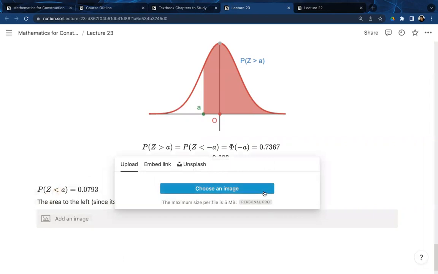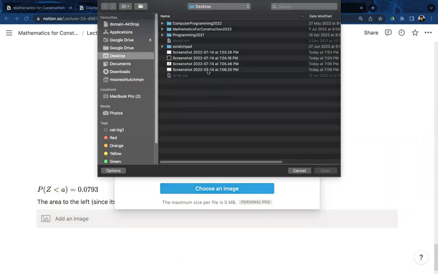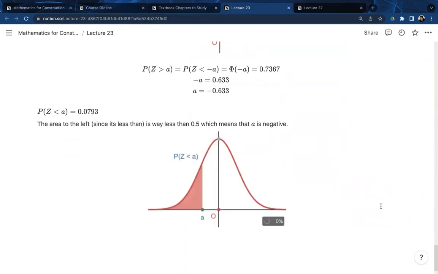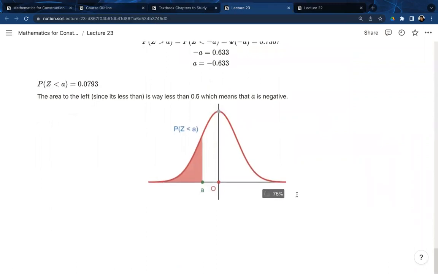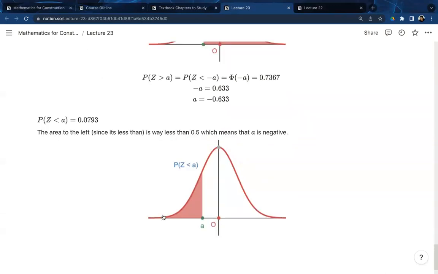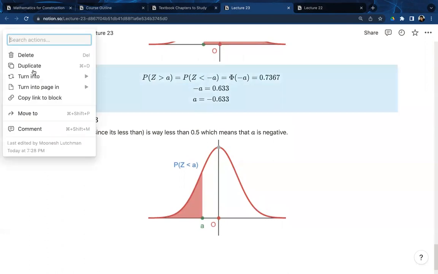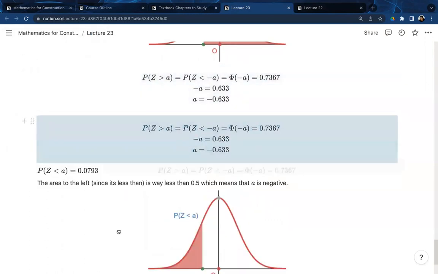So what diagram do we have, basically? We have this diagram: Z less than A is a small area, and A has to be negative. So let me duplicate this here.